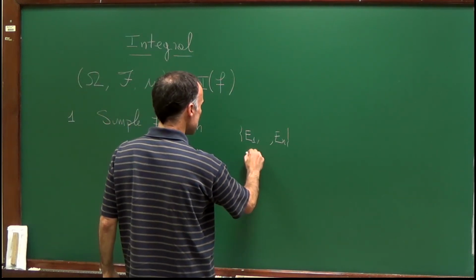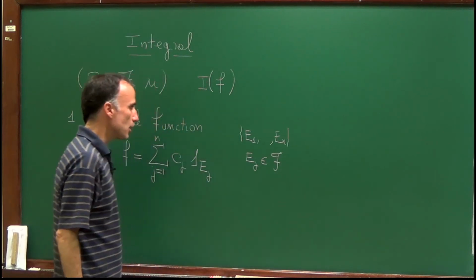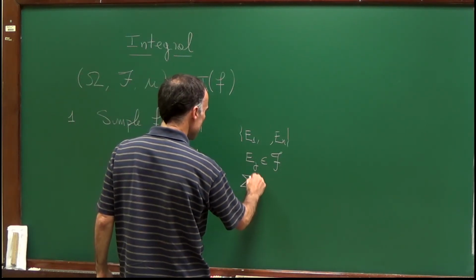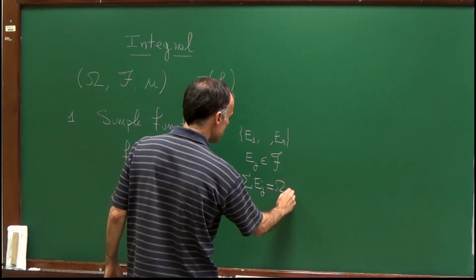So these sets Ej all belong to the sigma algebra F, and we are assuming that they are disjoint and that their union is equal to the set omega.